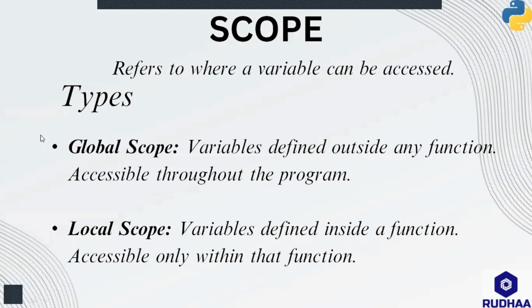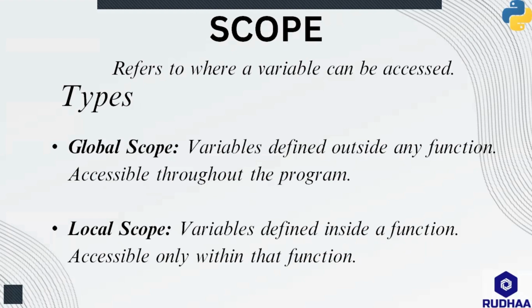There are two types of scopes. One is a global scope, another one is local scope. If the variable is defined outside the function, that is called as a global scope. This variable is created in the main body of the Python code, and it belongs to the global scope. These global variables are available from within any scope, global and local.